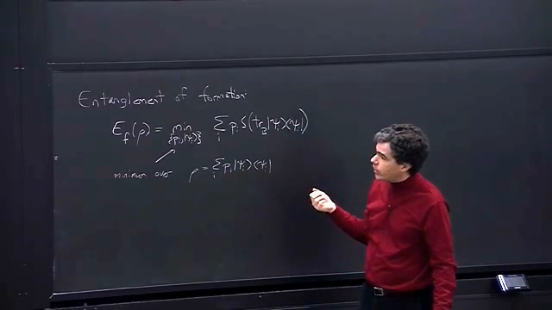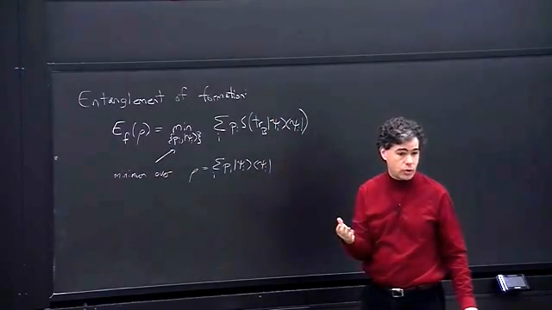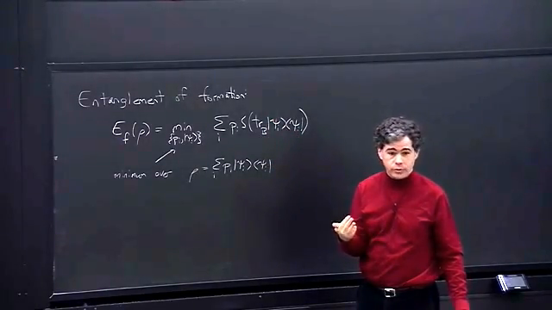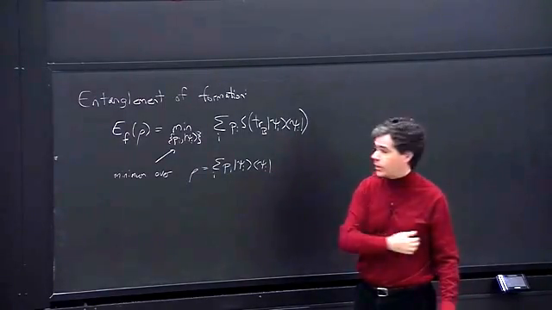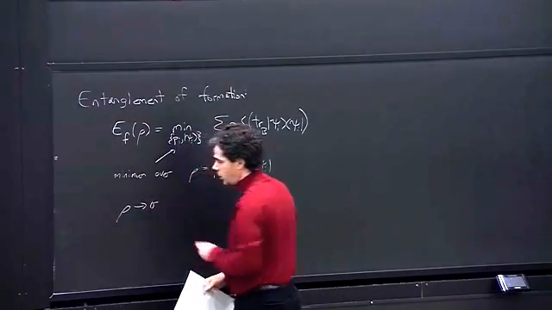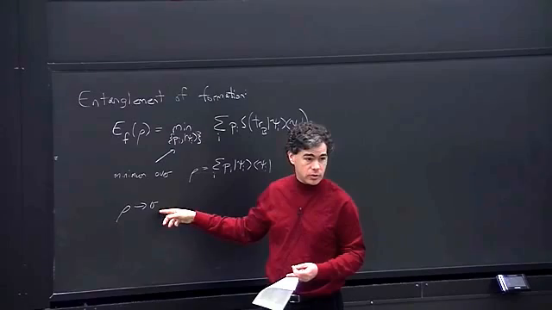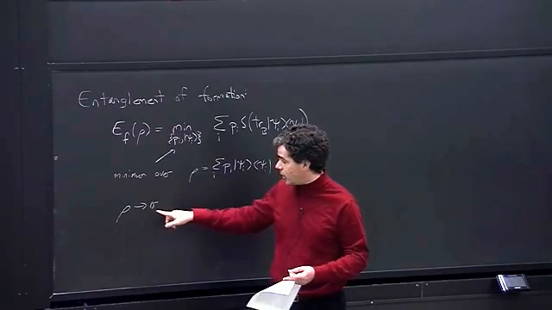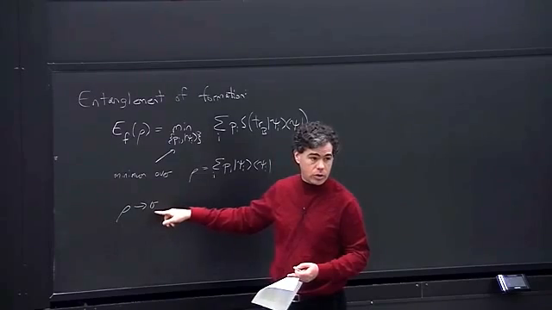Now, under LOCC, this is the best protocol to create the state rho using LOCC. So suppose you could go from rho to sigma and increase the entanglement of formation this way. Then, what's the best protocol to make sigma?